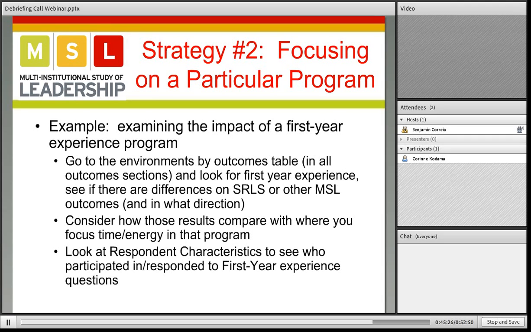Then, once you have those results, consider how they compare with where you actually focus time and energy in that program. What are the activities you do in the program? What is the guiding philosophy for that program? What is the content of that program? What are students learning and experiencing? And how might that relate to the outcomes that you're seeing in your report?